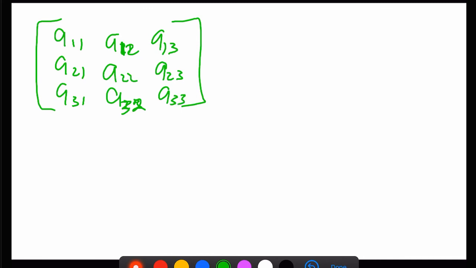Okay, now how do we find the determinant of this? Remember that we're taking, for example, A11, and then we're building a matrix from those 4. Those 4 are a minor.